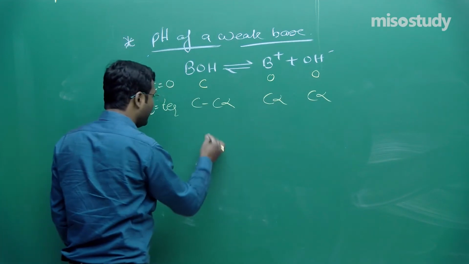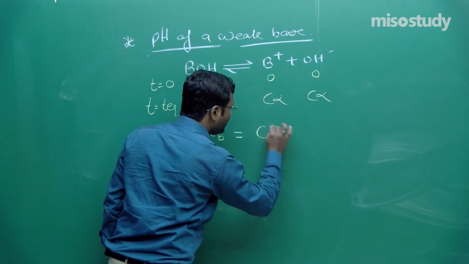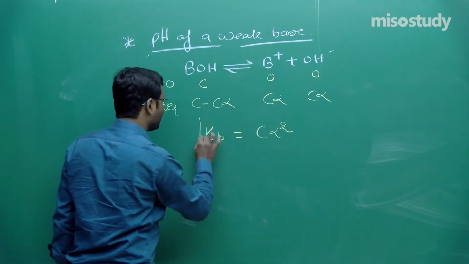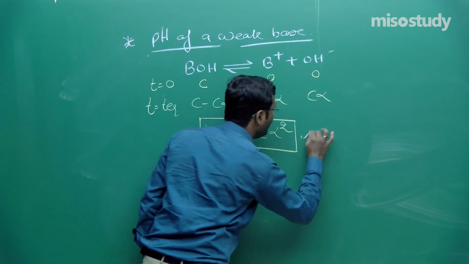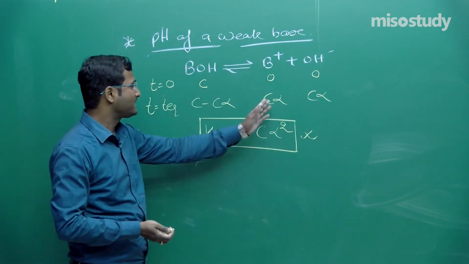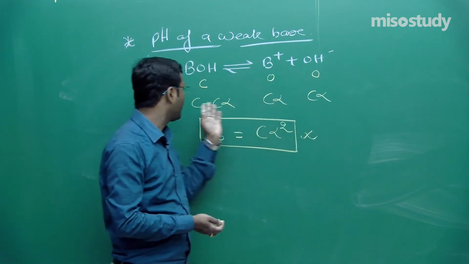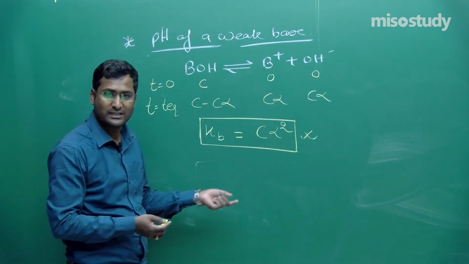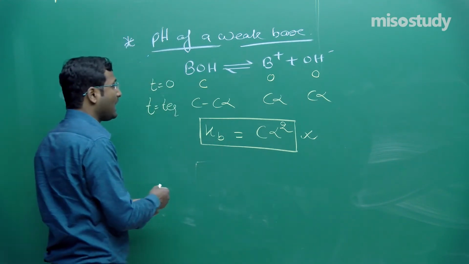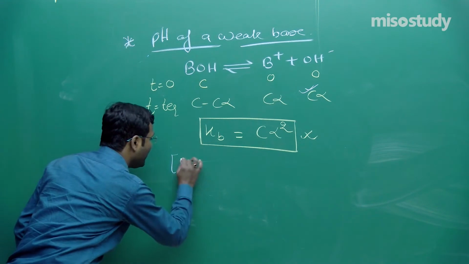Then what will happen, as in the case of a weak acid? Kb is equal to C alpha square upon 1 minus alpha. This was the expression, I think you are remembering. You can put this value, that is C alpha into C alpha, C square alpha square upon C into 1 minus alpha. Finally we will get C alpha square. So if anyone asks you what is the concentration of OH ion, it's very simple.